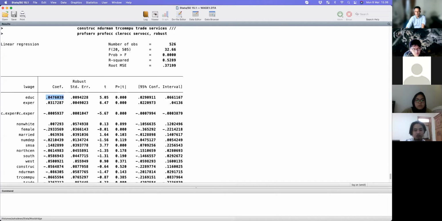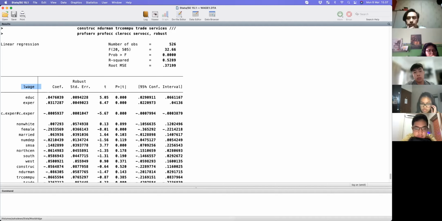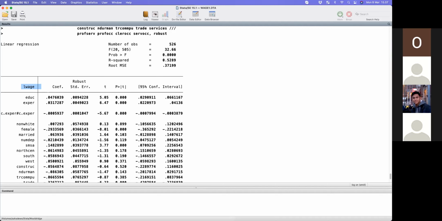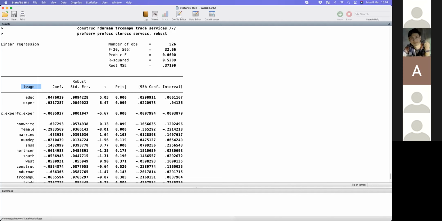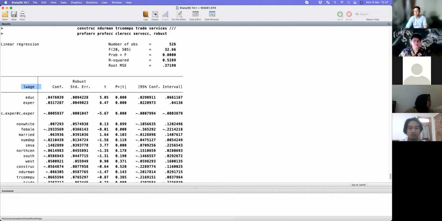So what's the interpretation of the estimated coefficient for education? Remember, we have log of wages on the left-hand side. Anyone recall how to interpret the estimated coefficient for a variable when the left-hand side variable is log transformed?